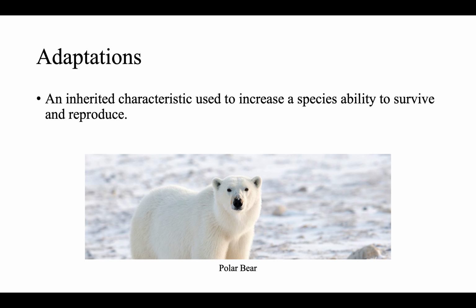So you can kind of think that if one polar bear just happened to be born brown, that particular polar bear likely wouldn't have a good chance of surviving and reproducing. So its offspring likely isn't going to survive. Meanwhile, the white bears are better suited for their habitat. Those bears are the ones that are going to reproduce, and then those characteristics get passed along.